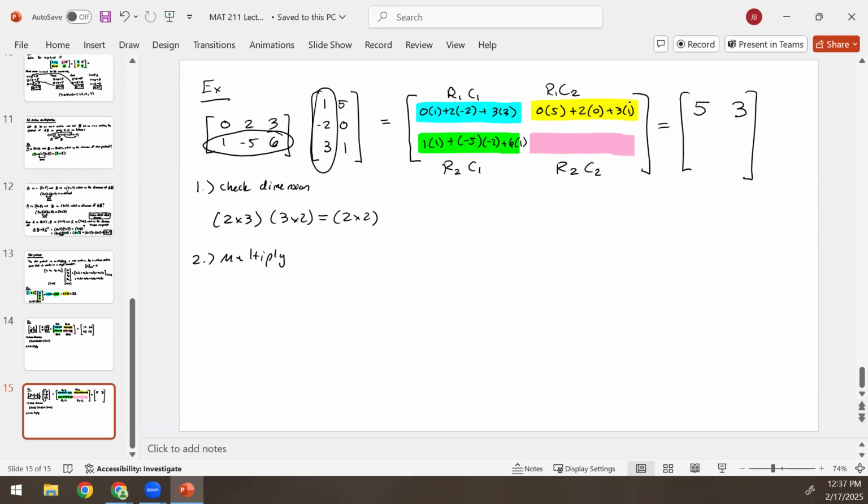And if we multiply it together, we get 1 plus 10 plus 6 is 17. Yep. And then row 2, column 2. 1 times 5 plus 0 times -5 plus 6 times 1. And I get 6 plus 5 is 11, right? So another case of matrix multiplication.